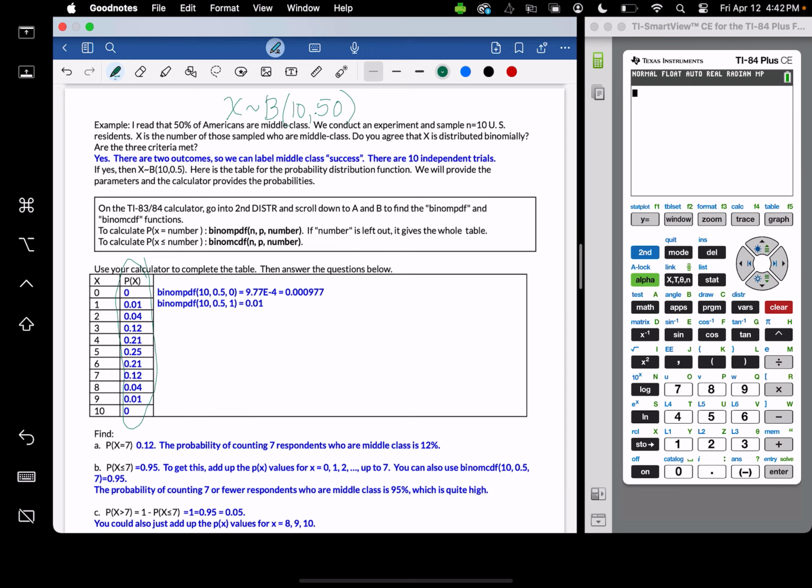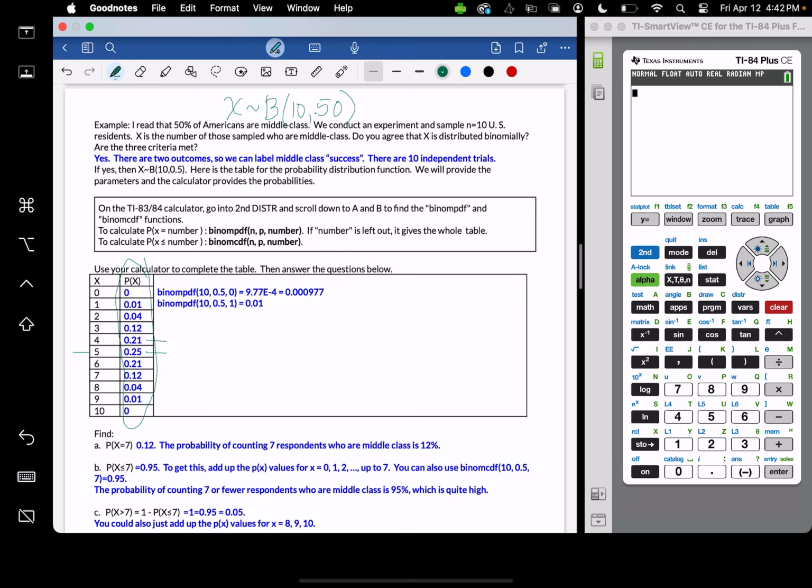Now the likelihood of sampling 10 people, if 50% of Americans are middle class, I would pretty much expect to get roughly 5 of those people sampled responding that they're middle class. And you will see that the highest probability is for X equals 5.